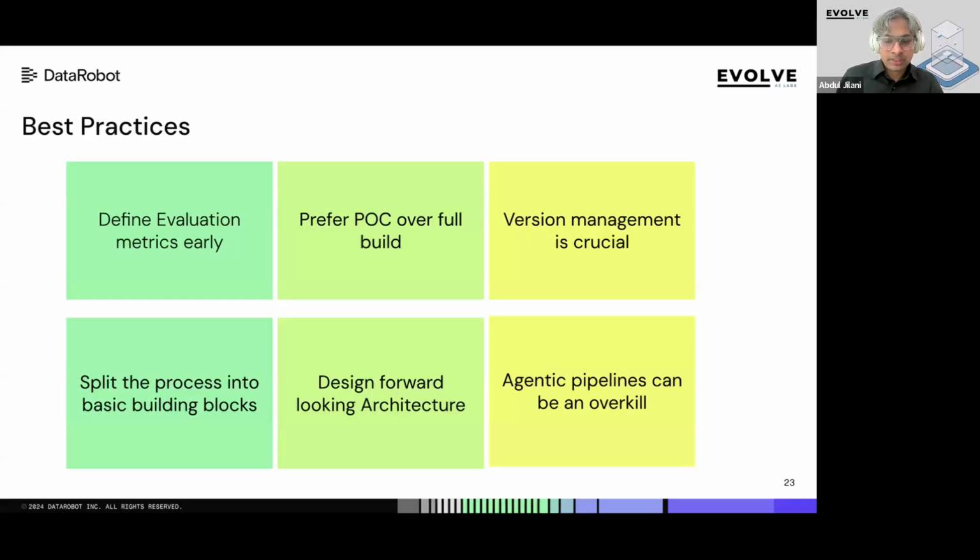Prefer POC over full build. Like we mentioned earlier, the evaluation metric or the threshold that was set was because of the POC, and we also knew at a very high level whether LLMs were good zero-shot machines and applicable for the solution or not. Version management is crucial because all of these libraries and tools are still evolving.